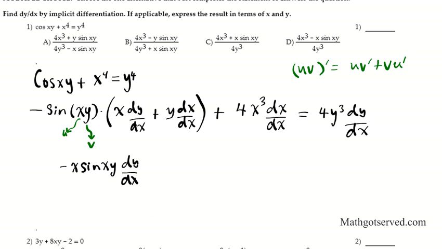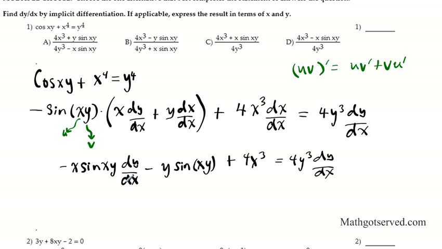So it basically becomes negative y sine xy, dx/dx reduces to 1, plus 4x to the third. The dx/dx just divides out to 1, and then equals, on the right side it just stays the same, 4y to the third dy/dx.